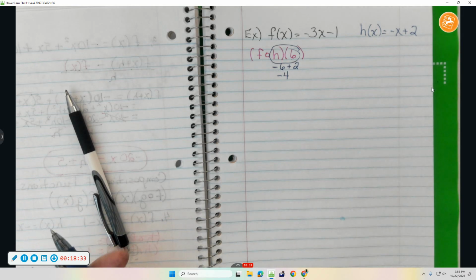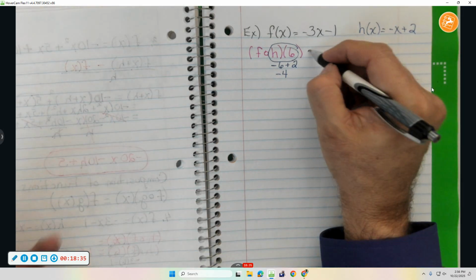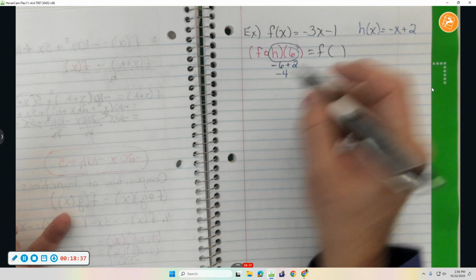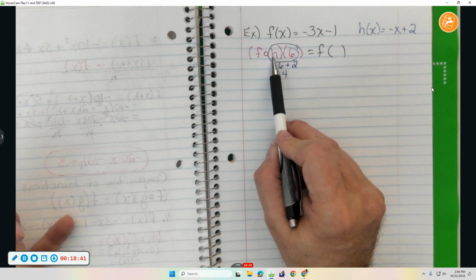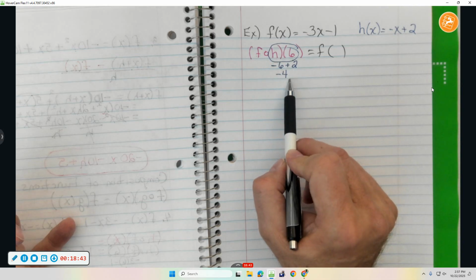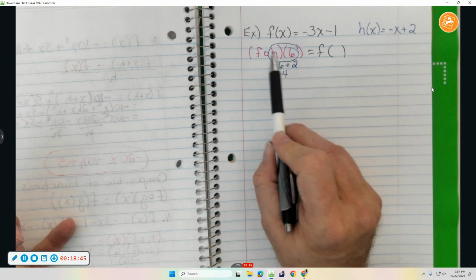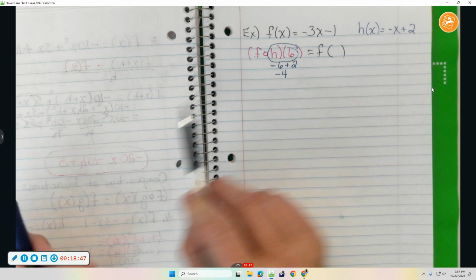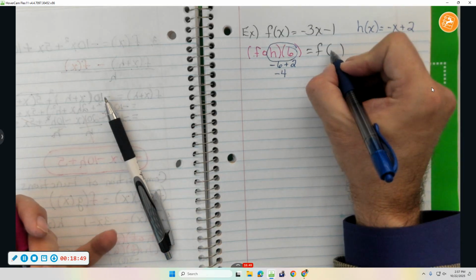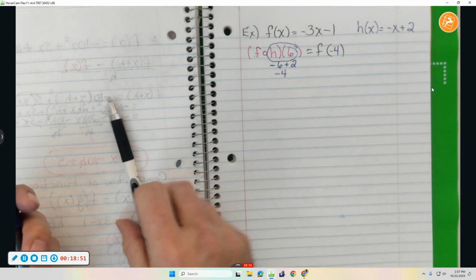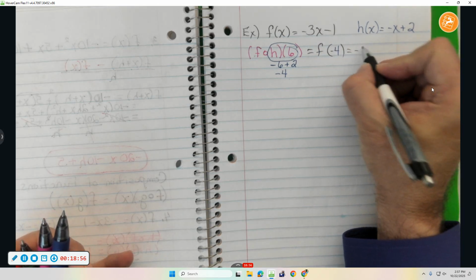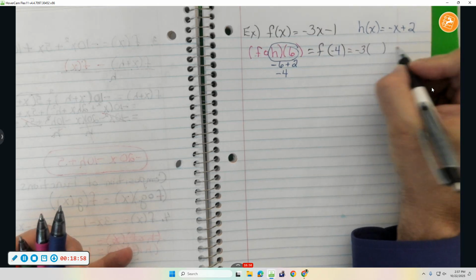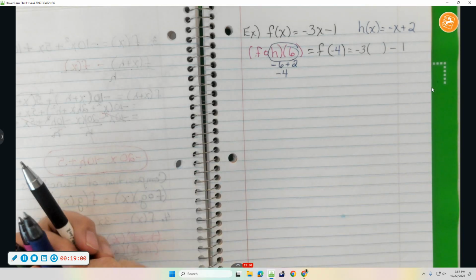Now plug that answer into F. So I took the 6, plugged it into H, got a negative 4, plugged the negative 4 into F. So go to your function F now, and in place of this black x, I'm going to put a blue negative 4.